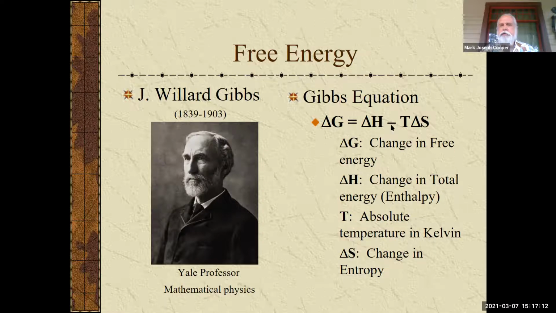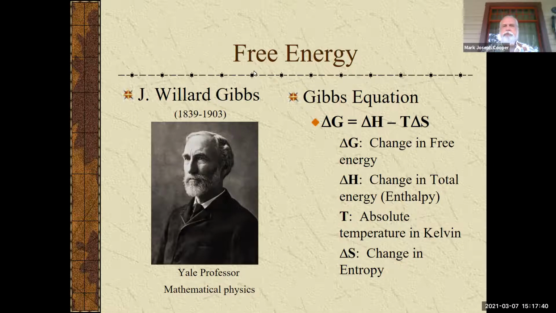So from that total energy, we're going to subtract delta S. S is the entropy, and that is disorder. That is how much we're losing. And that actually changes depending on temperature. So this equation was done in absolute temperature in Kelvin. So what I do want you to know, again, is the actual equation and what everything stands for.